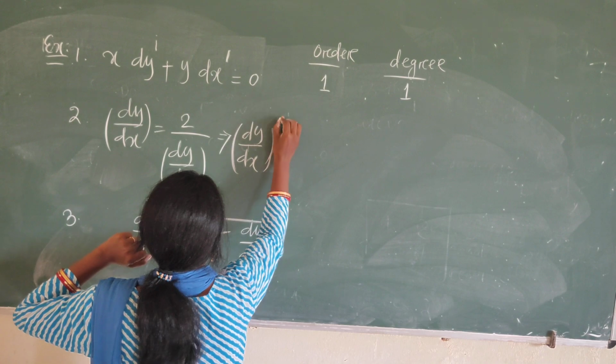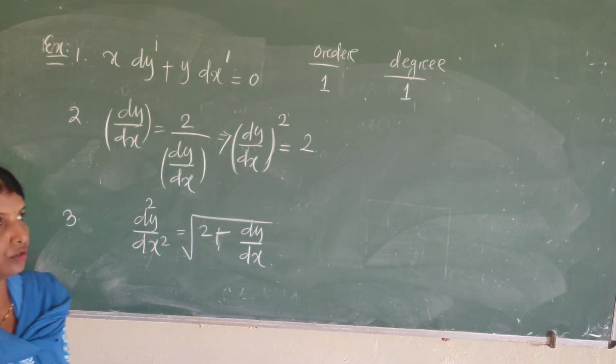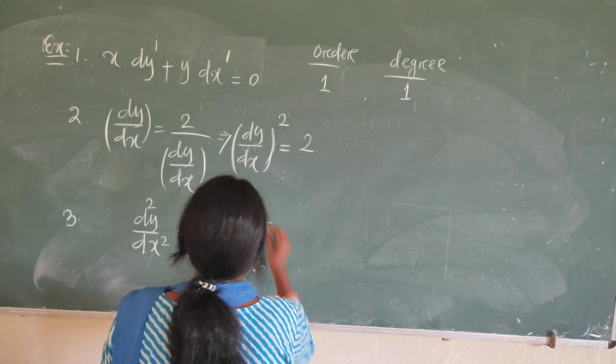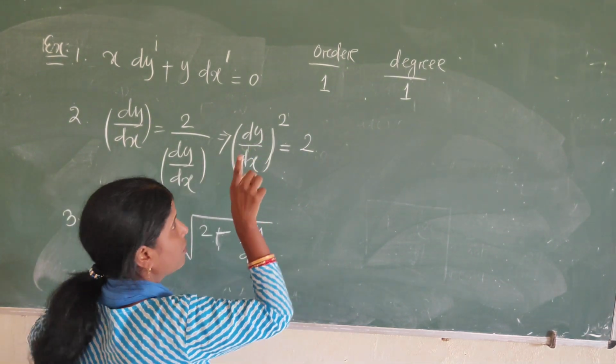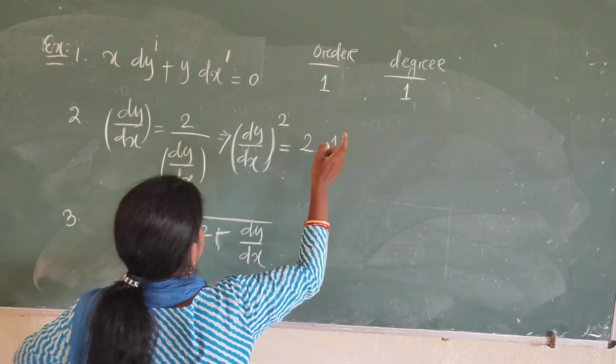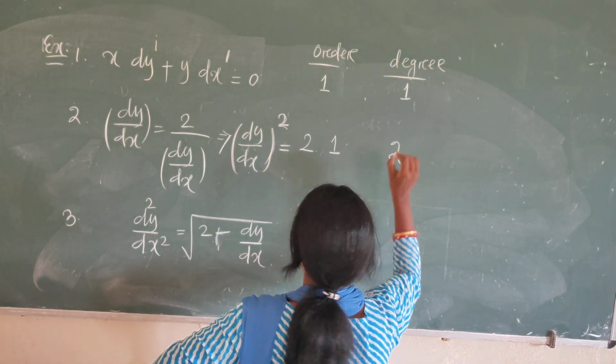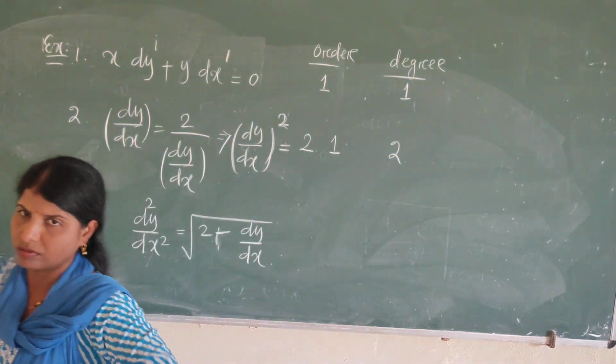Then it becomes dy by dx whole square equal to 2. And what is its order? Here dy by dx means first derivative, so our order is 1. And what is its degree? Here power is 2, so its degree is 2.